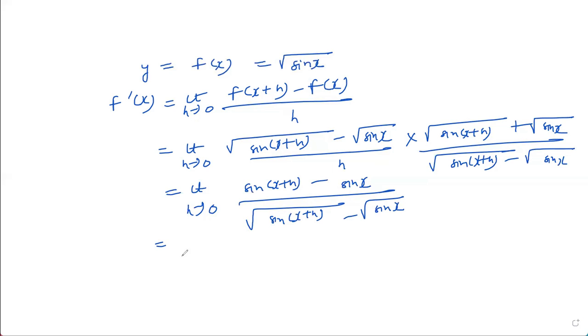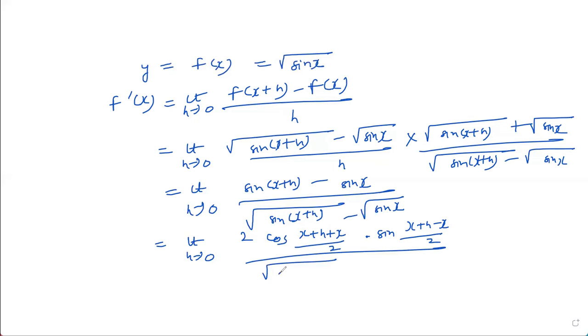Using the identity, it will be twice of cos of the average of these two, so it's a plus b by 2, that is x plus h plus x divided by 2, into sine of a minus b by 2, so it will be x plus h minus x divided by 2. And the denominator we'll keep as it is.